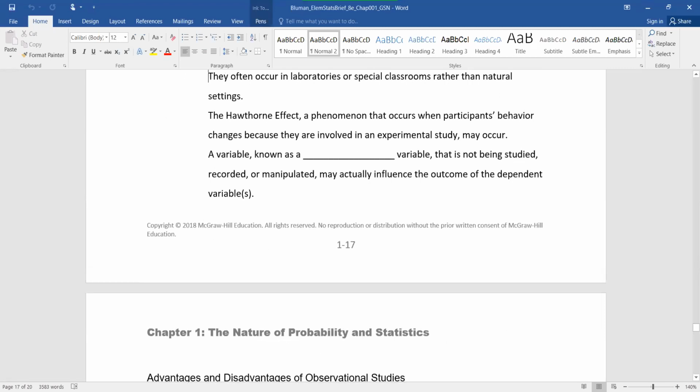All right, so a variable known as a confounding variable. You also might see it called lurking.